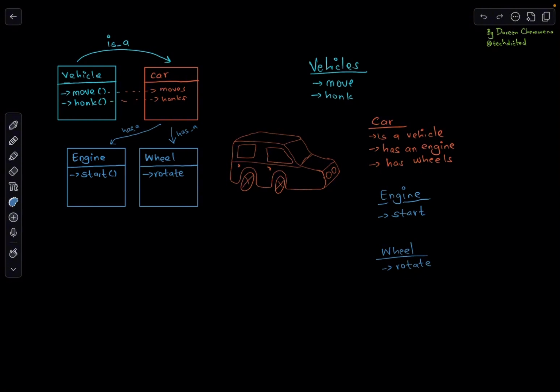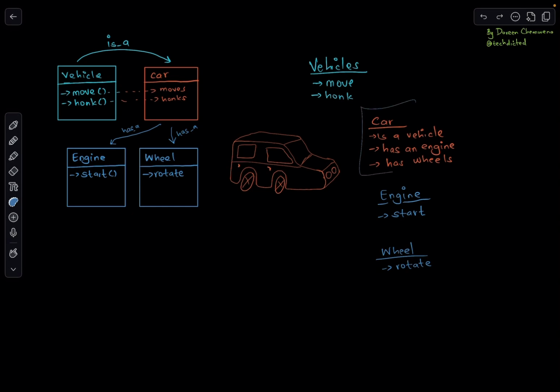when we're thinking about composition and inheritance, this provides an opportunity for us to use both. Because all vehicles can move and honk, all vehicles can inherit from this.